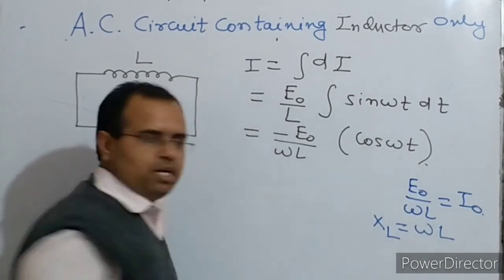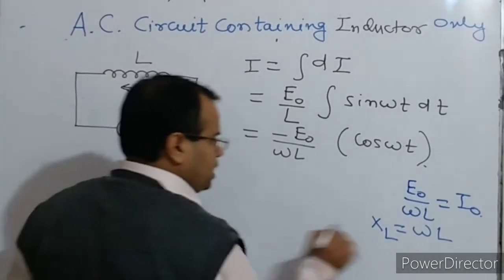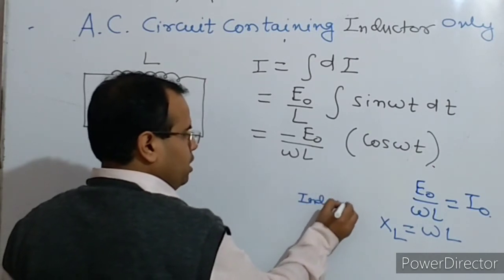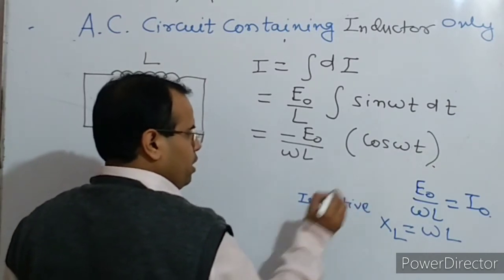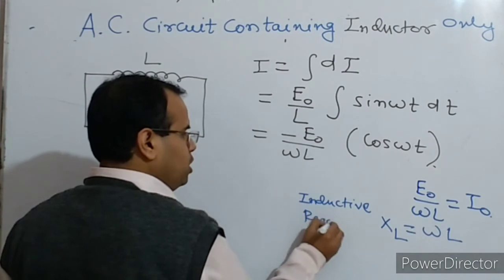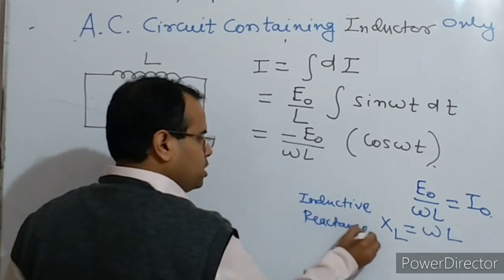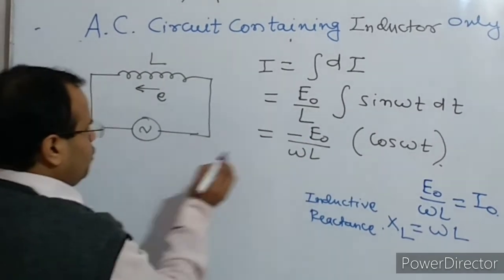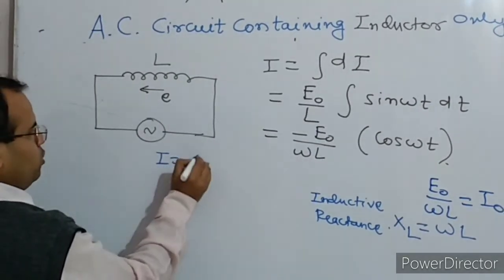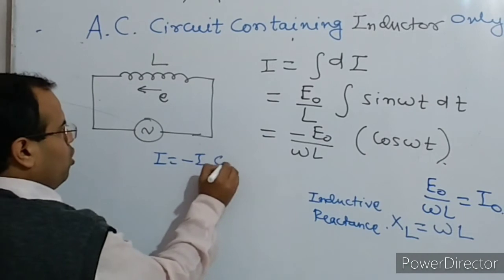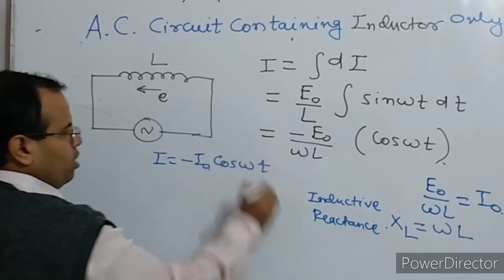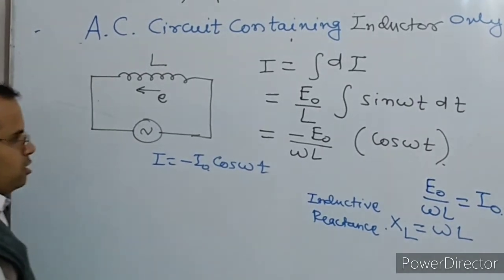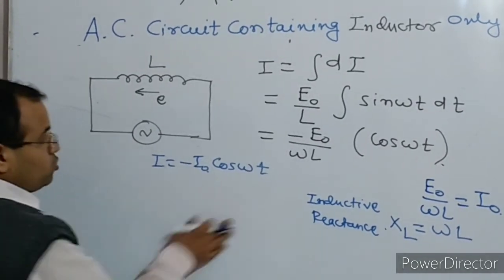So XL is equal to omega L. This XL is called inductive reactance, and it has the unit of resistance only. So we can write I equals minus I naught cos omega t, and this is what we have.